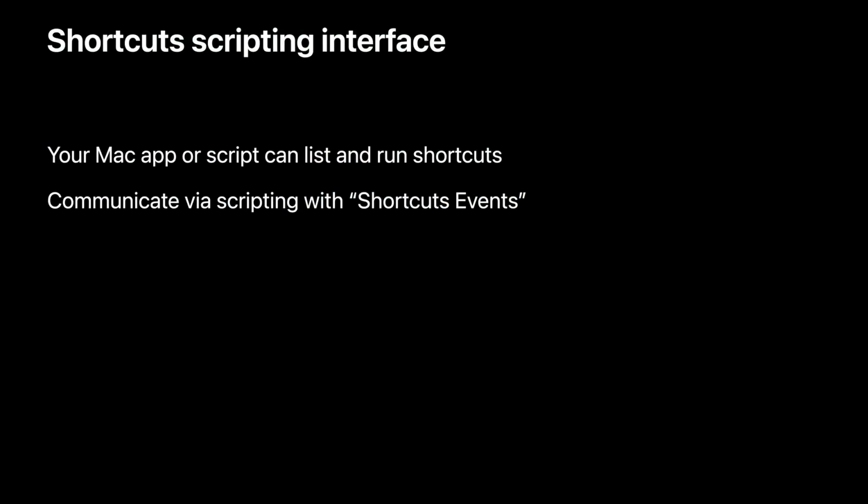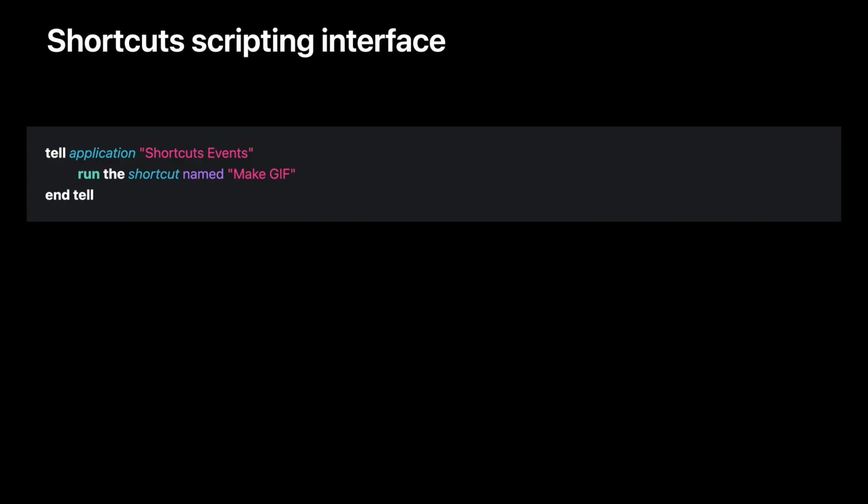If you develop an app or script that would benefit from the ability to run shortcuts, you should use the scripting interface. By communicating with the Shortcuts events process, your app can get a list of shortcuts that the user has set up, as well as start running one. In AppleScript, you can accomplish this by telling the Shortcuts events process to run a shortcut by name.